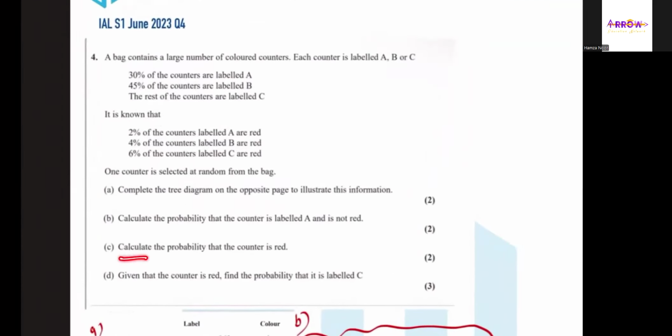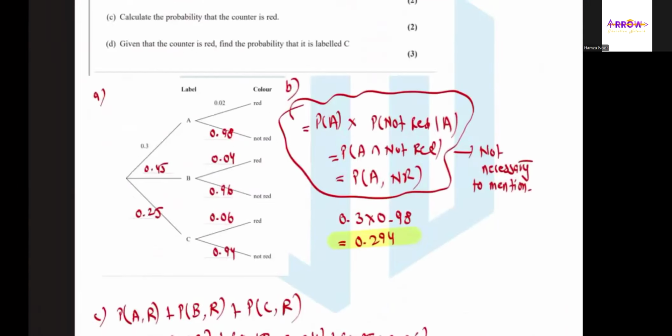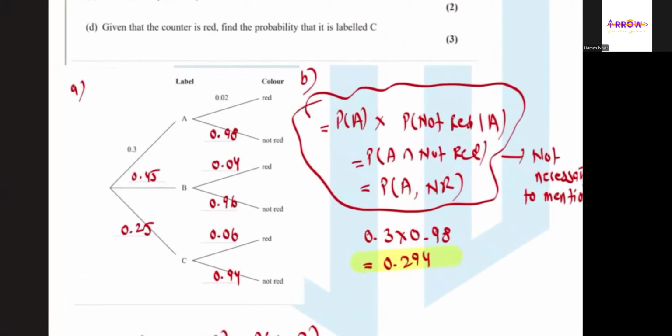Then in part C, it says that calculate the probability that the counter is red. Okay, so we are looking for the event when the counter is red, meaning event R. So either this case, or you can say this case, or you can say this case. In all of these three cases, the counter can be said that it is red.